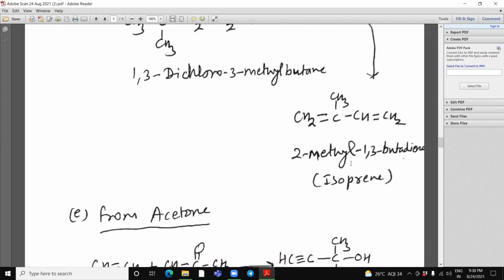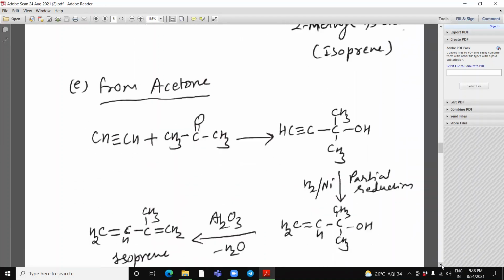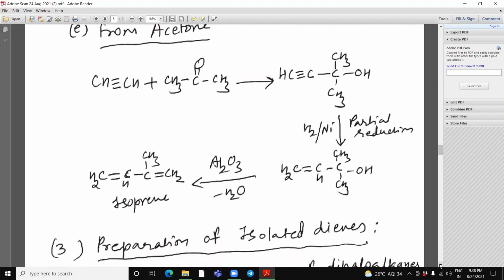It is also known as isoprene. From acetone, acetylene, when reacted with acetone, will give this intermediate, which on partial reduction will give us isoprene.